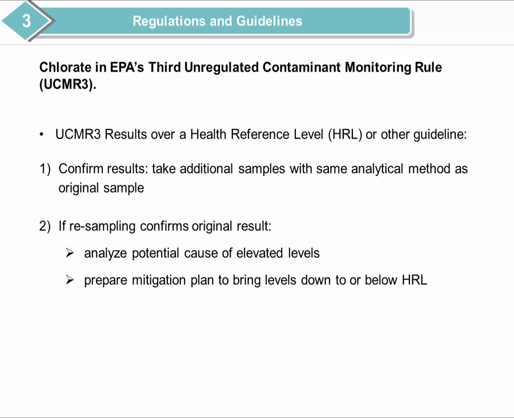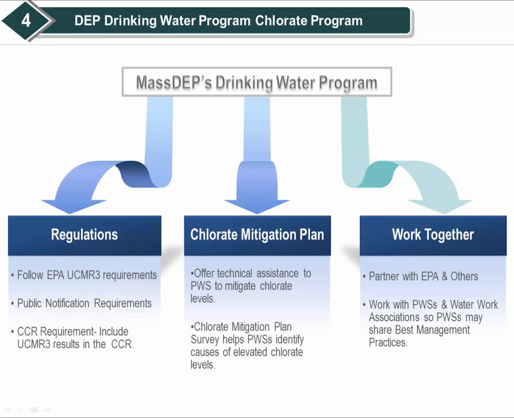The Massachusetts Department of Environmental Protection's Drinking Water Program promulgates the UCMR3 regulations and provides technical assistance to public water systems with public notification and consumer confidence reporting.